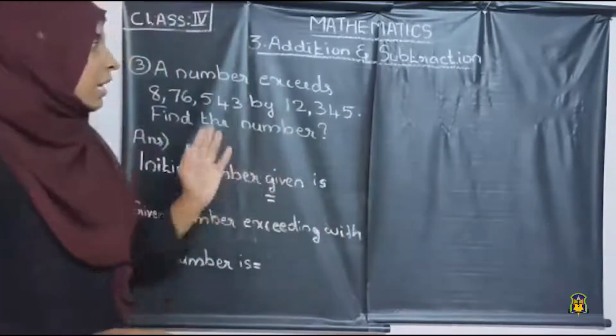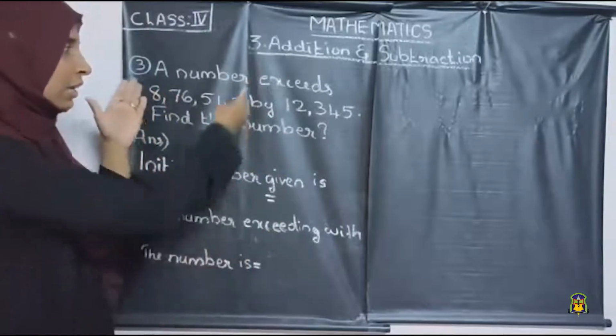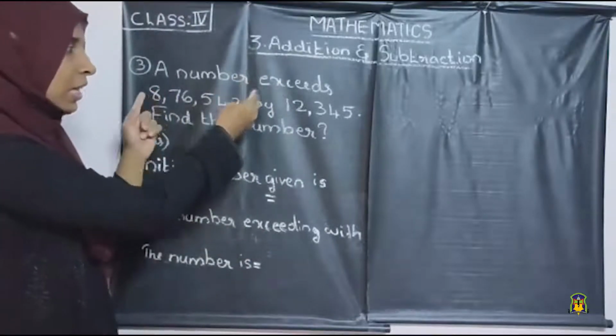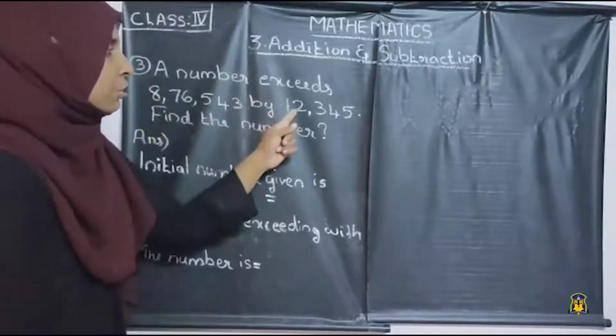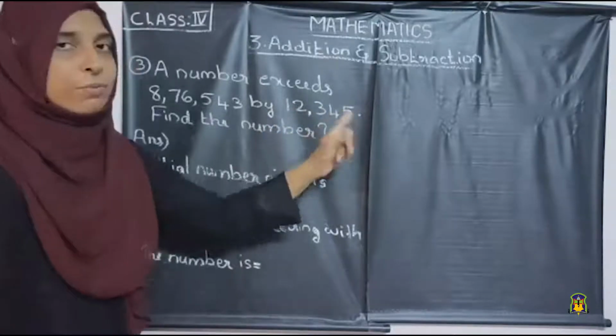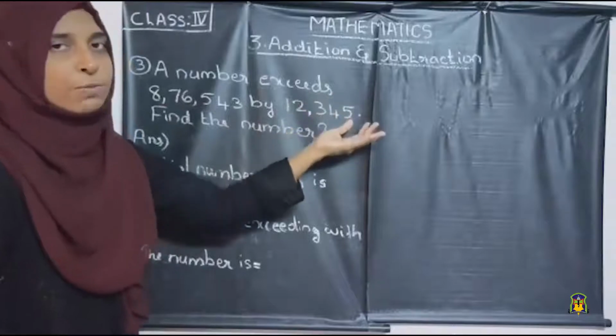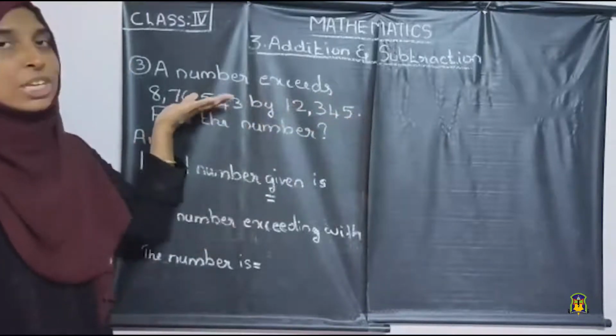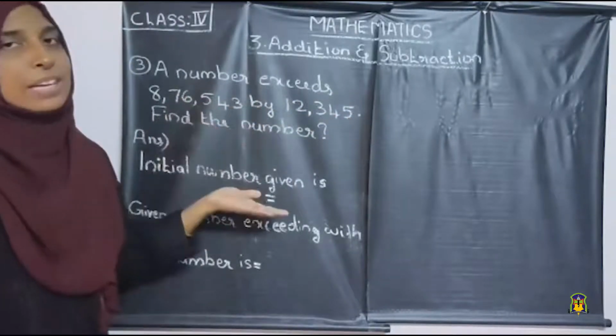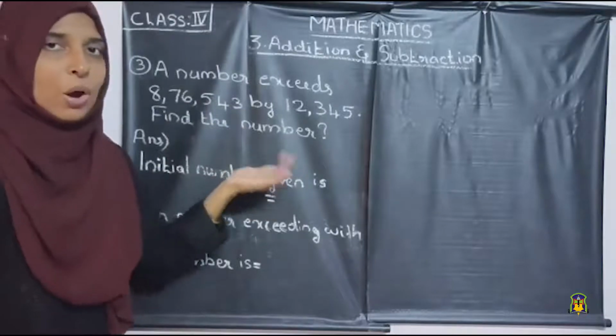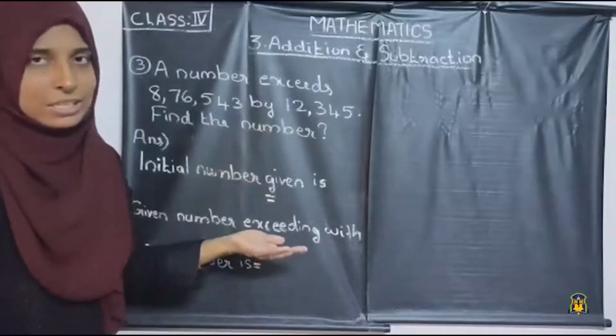Same way here, exceeds means more than. The given number exceeds by 12,345. That means we want to add 12,345 to this initial given number and find the total. Okay, so we can write the steps now.